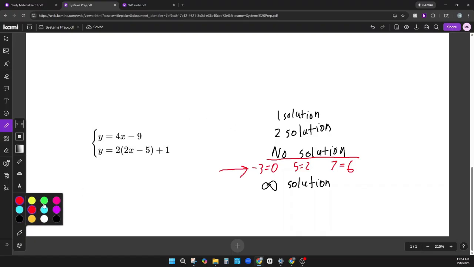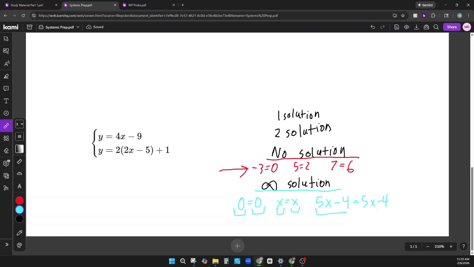As far as infinite solution, those are kind of the opposite, where you cancel and recognize that 0 is equal to 0. You get the result 0 is equal to 0. You get x is equal to x. Or even earlier on in the equation, you have 5x minus 4 is equal to 5x minus 4. We're not just talking about equality, but we're talking about the exact same values on both sides of the equation.